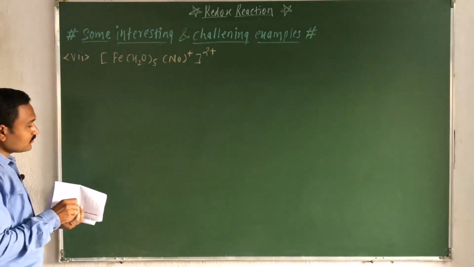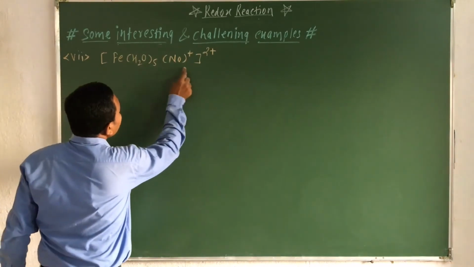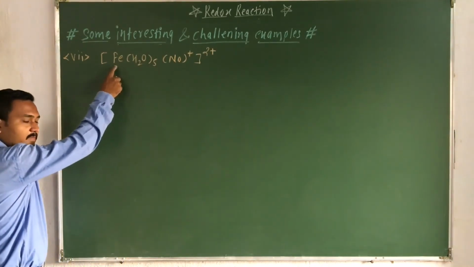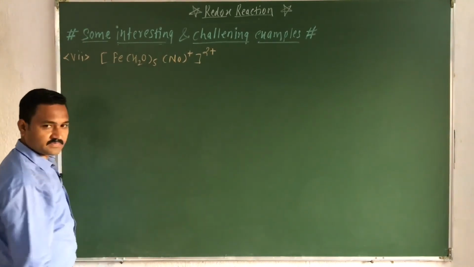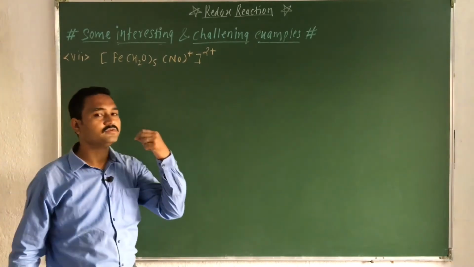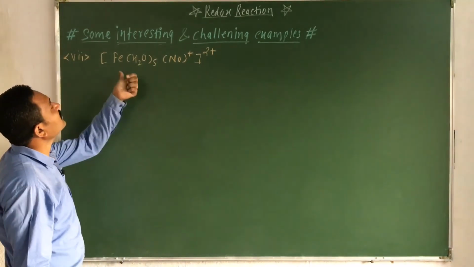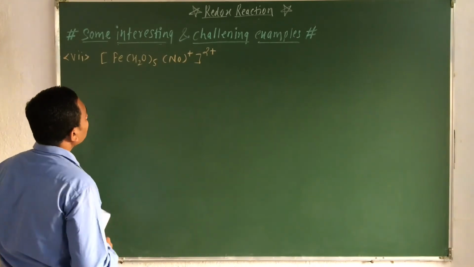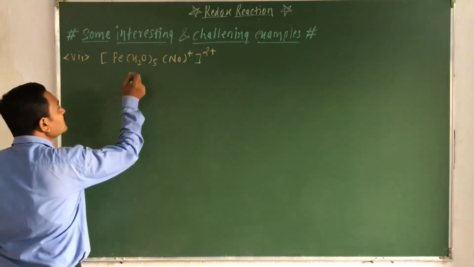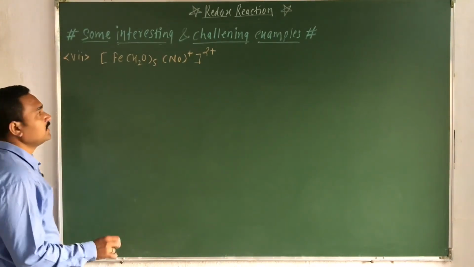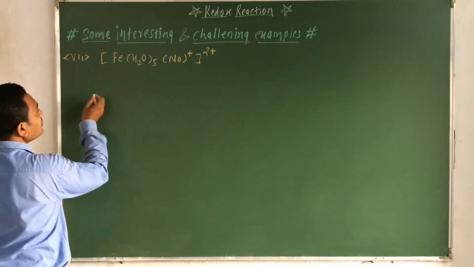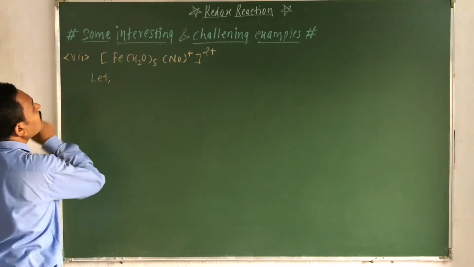So I have already told you, whatever the entities except this metal atom, these are nothing but your ligands, and ligands have the tendency to donate an electron pair to the Fe atom. Now here you have to consider the nature of your ligand also. Now let us start with this solution, so you will get all the points.